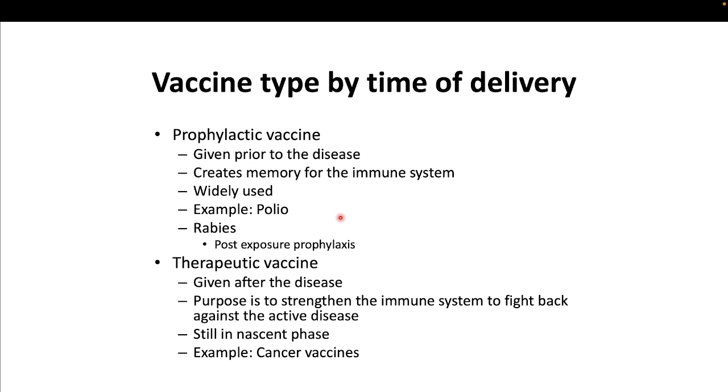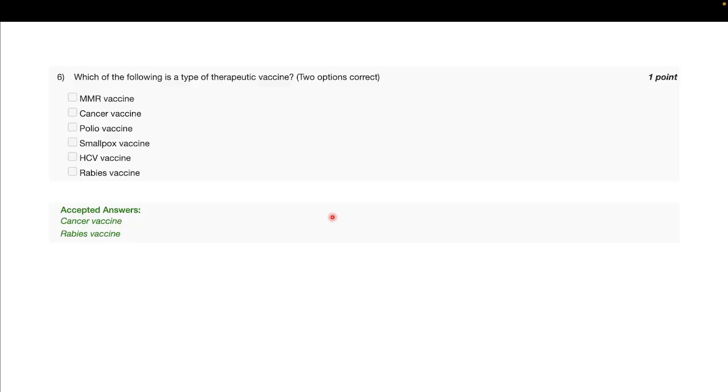So it's technically a post-exposure prophylactic vaccine, but in the context of this question, it could be treated as a therapeutic vaccine as well. So if you encounter a question like this, which of the following is a type of therapeutic vaccine? It is cancer vaccine and your rabies vaccine. Makes sense?